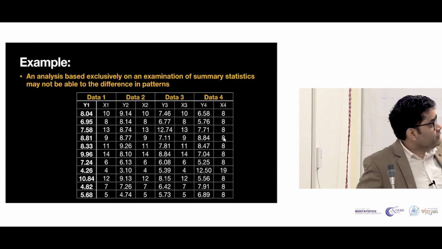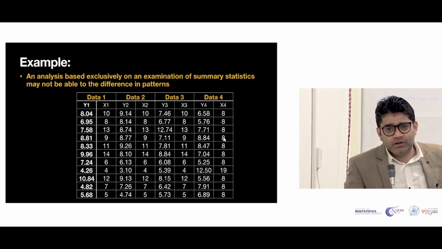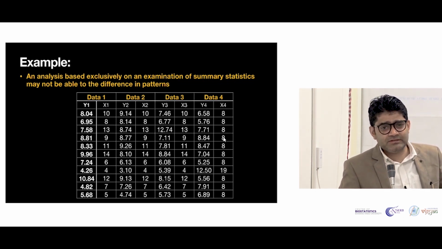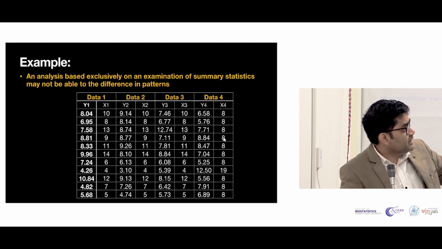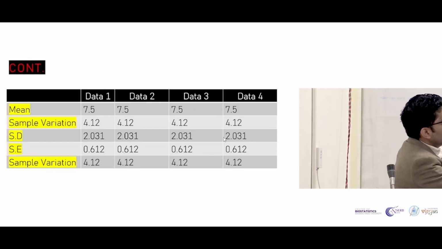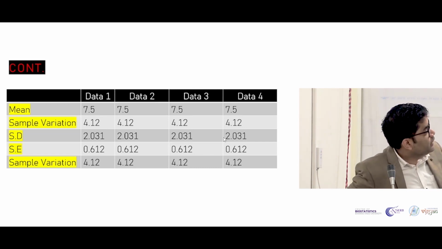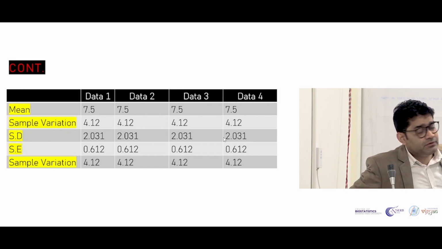Okay, so we are having 4 data sets: data 1, data 2, data 3 and data 4. All of you know about the summary statistics. We will discuss that, but basic statistics of these 4 data sets is presented. We are having the mean value 7.5. For the second data also we are having the same mean. We are having the sample variance, which is also the same.